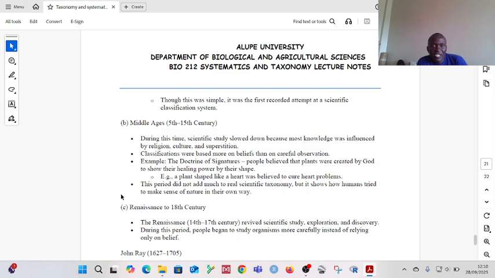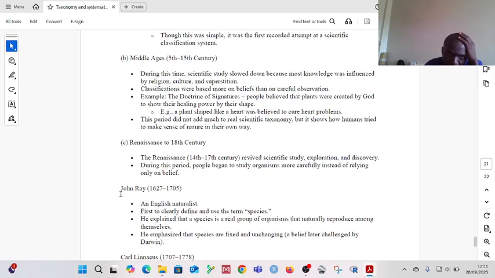Remember, religion, culture, and superstition is largely on the basis of the belief system. So therefore, during this period, not much was added into the real scientific taxonomy. So not much happened during this period that was ruled or influenced mainly by religion, culture, and superstition.